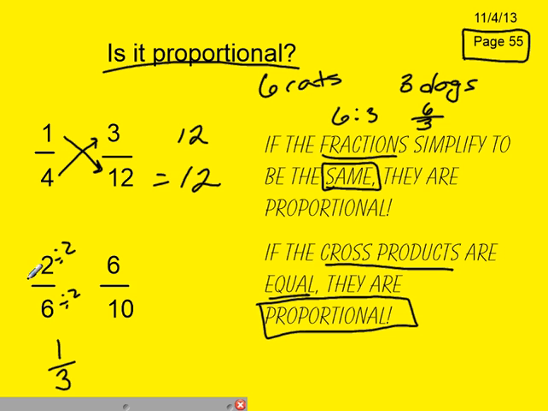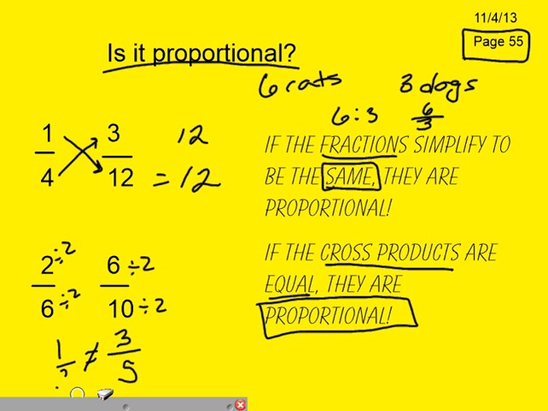So the first fraction simplifies to 1 over 3. The second one, both the top and the bottom can be divided by 2, and that would give me 3 over 5. Because these fractions are not equal, they're not proportional to each other.